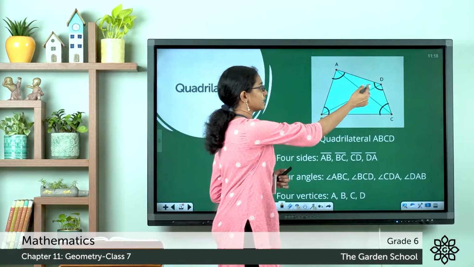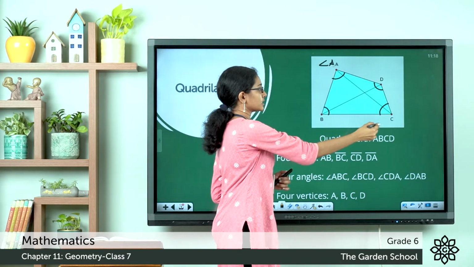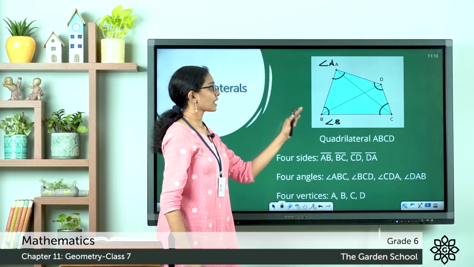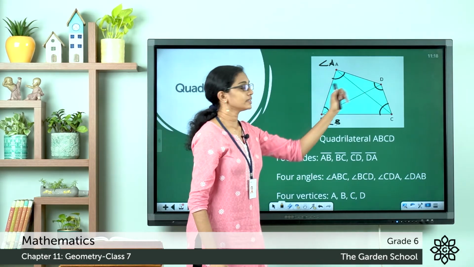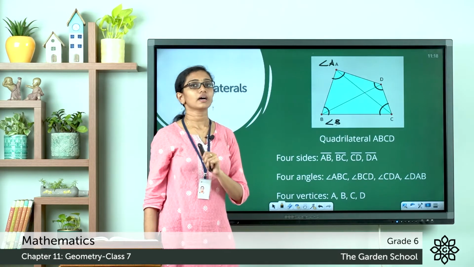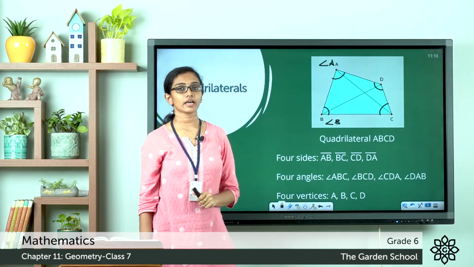So this angle DAB can also be called angle A. Angle ABC can also be called angle B. Now angle A and angle B are adjacent angles. Angle A and angle D are adjacent angles. Angle D and angle C are adjacent angles and angle B and angle C are adjacent angles.